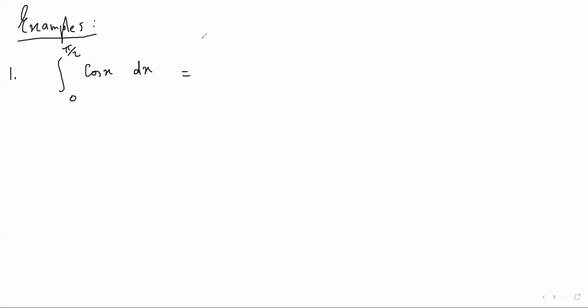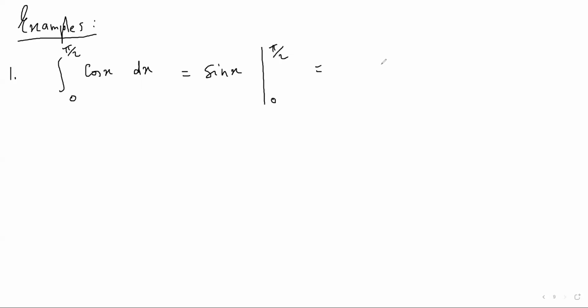Now, what is the function that we differentiate to get cos x? The function we differentiate to get cos x obviously is sine x. So we're going to evaluate sine x from 0 all the way to pi over 2.